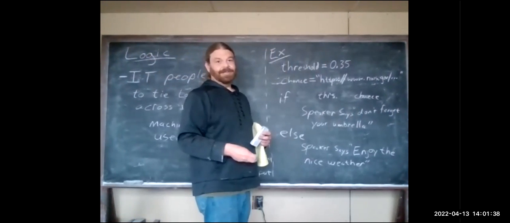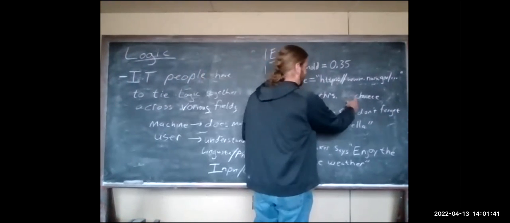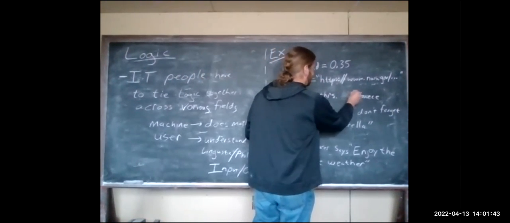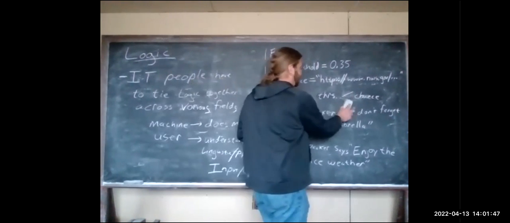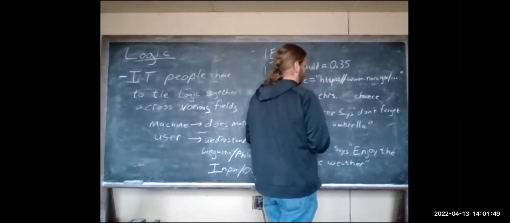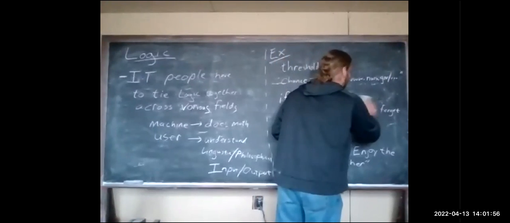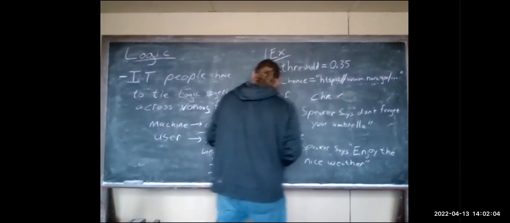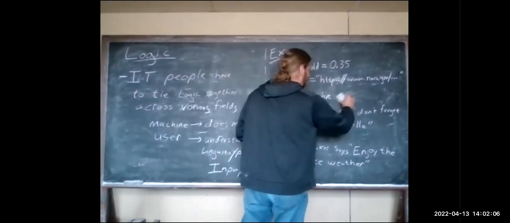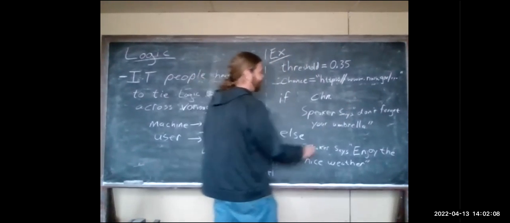Our original one was this, right? If chance is bigger than threshold. So switching the order, we turn that around. Your original said chance, chance was on the left, threshold was on the right. Yeah, sorry, from my notes. I confused myself. Let me go back. No, it's okay. So chance is bigger than threshold. That's the one that we should need an umbrella for, right?